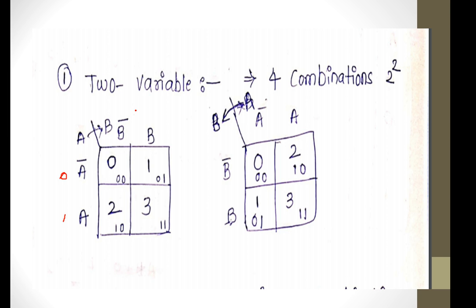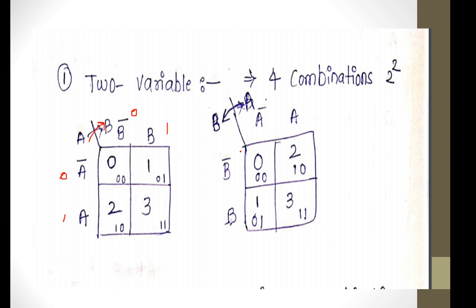Similarly, B bar is 0 and B is 1. Taking the combination from this side to this side, I get 00, which is 0, in the next box 01, which is 1, next 10, which is 2, and 11, that is 3.